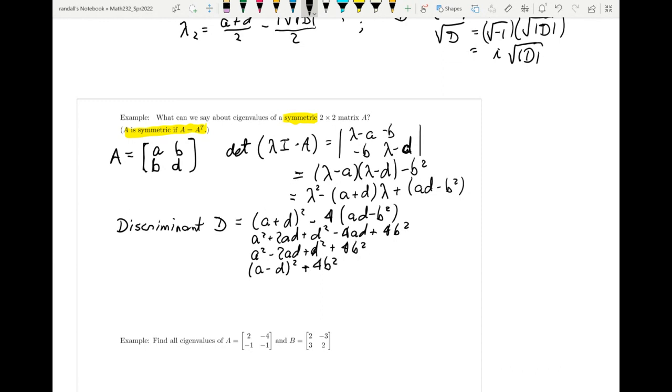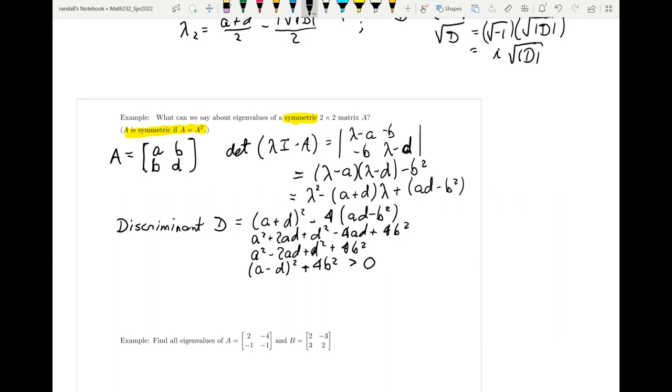So we see that the discriminant is actually a sum of squares, and it'll be strictly positive as long as A is not equal to D, say.